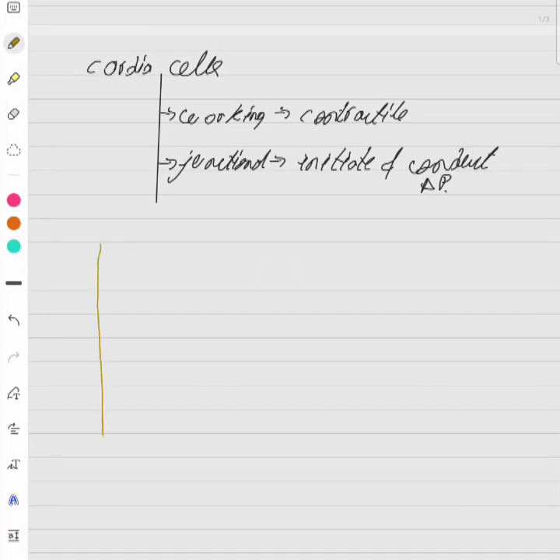Suppose this be the y-axis, it denotes the potential, and the x-axis denotes the time. So the RMP for such cells, the working cells, is minus 90 millivolt. Let's plot 0 somewhere here and plus 35 here.